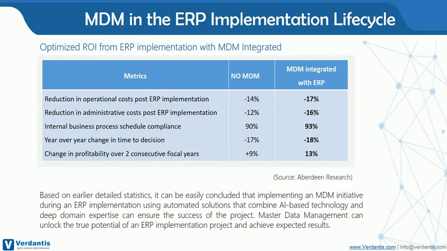We see a 3% gain in on-time schedule compliance, a slight gain in the reduction in time to decision, but probably the most impactful one for a CFO, the change in profitability over 2 consecutive fiscal years. 4% gain for those that have implemented MDM with an ERP implementation.